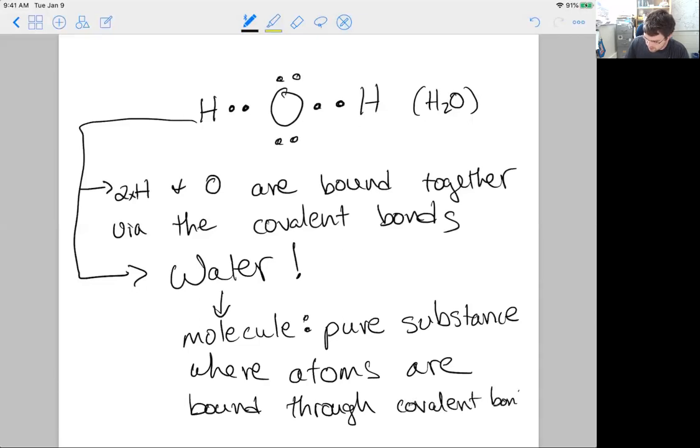So when we're talking about things like ionic bonds with sodium and chloride sticking to each other just due to charges, those are salts. What we're really interested in this class are molecules, the pure substances that we're studying, and that's just me saying it's water versus all the other grossness that's in the Mississippi River right now. Just looking at the water entities, we're going to say those pure entities where all of the atoms are bound to each other through covalent bonds, no ionic interactions involved at all, we would say those are pure molecules.